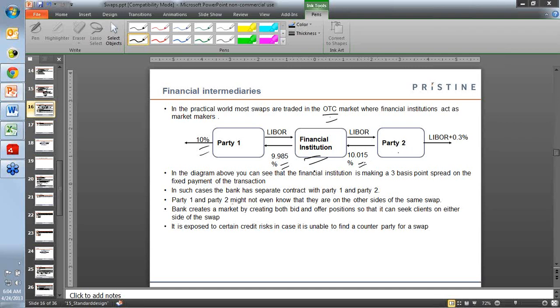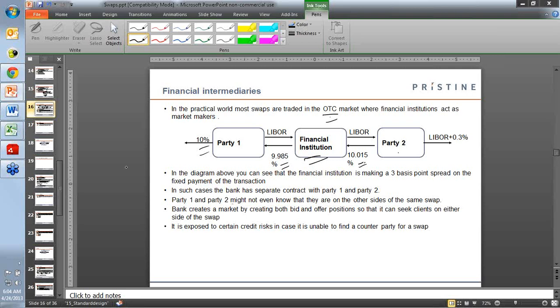So here basically the financial institution is taking 0.03% of the profits from this transaction. This might look like a small number, but for very large transactions in the orders of millions and billions of dollars, this can actually lead to a pretty decent profit for the financial institutions.